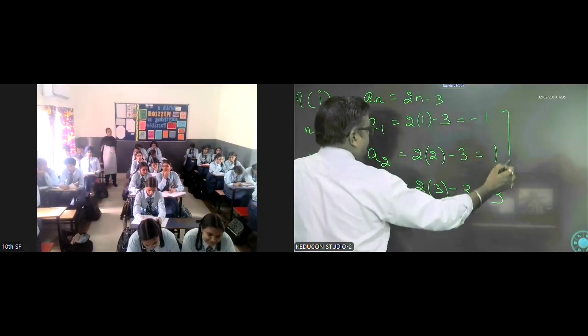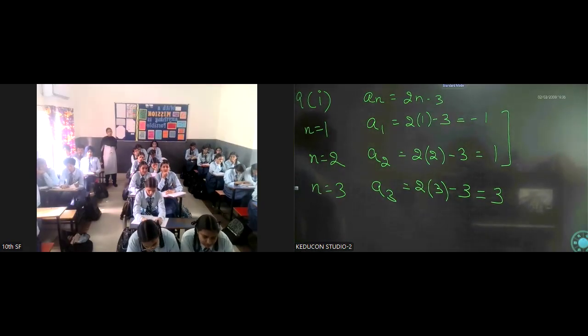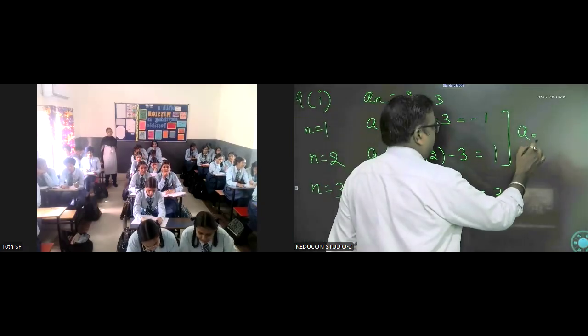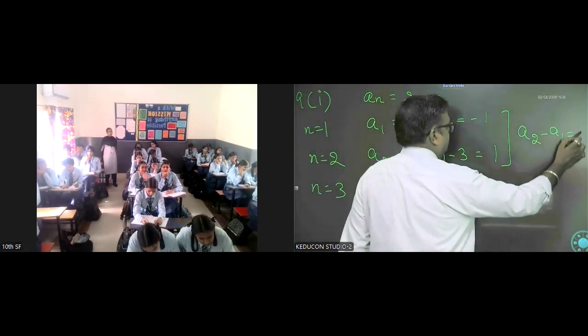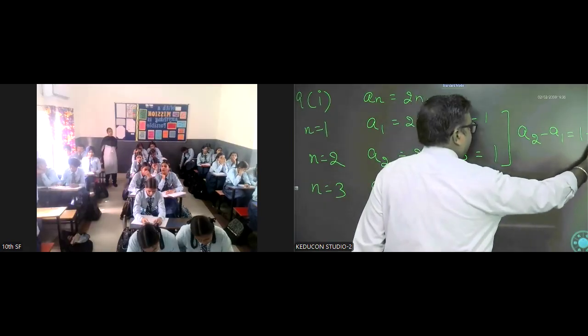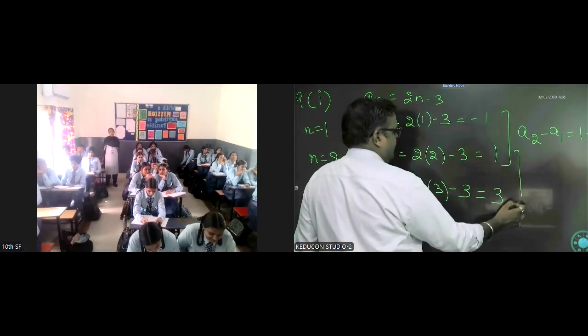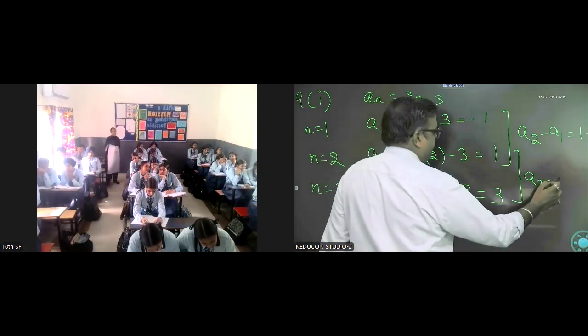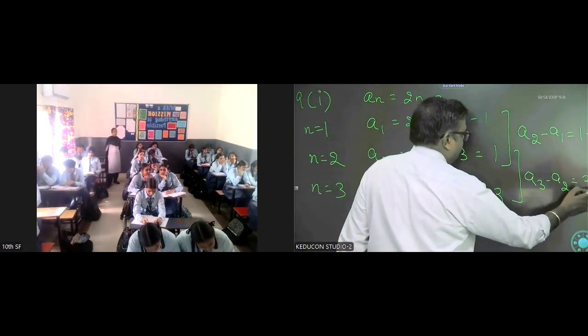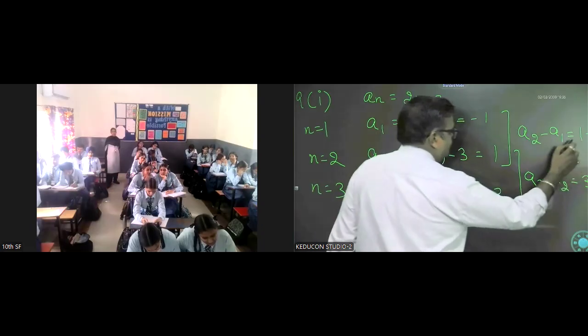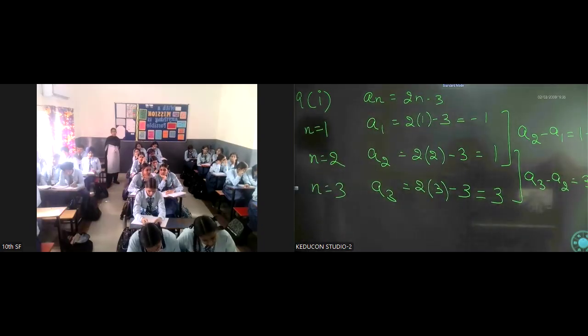Now, what is the difference of these two? A2 minus A1. What is A2 minus A1? 1 minus minus 1. That is 2. What is the difference of second and third term? A3 minus A2. 3 minus 1. This is 2. So, common difference comes out to be the same. So, therefore, it is an AP.